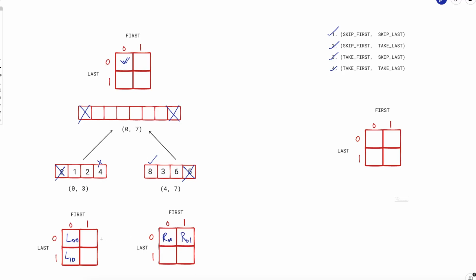So based on whether L00 plus R01 is greater or L10 plus R00 is greater, you will take that as the value of your final result where you don't want first and last. In a similar fashion, when you take other elements, you will be able to get one of the combinations.